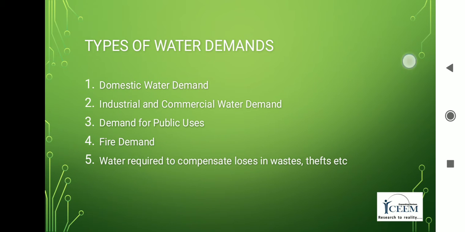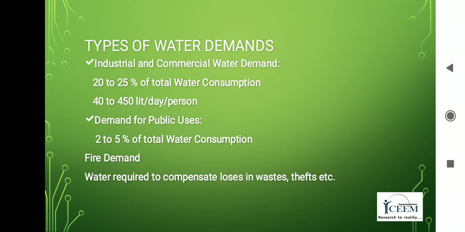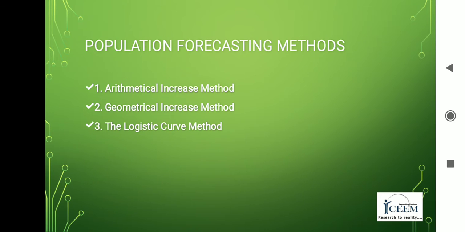Now today we will see the population forecasting methods. The population of a locality, village or city may increase by births and decrease by deaths, and may increase or decrease by migration of the people.